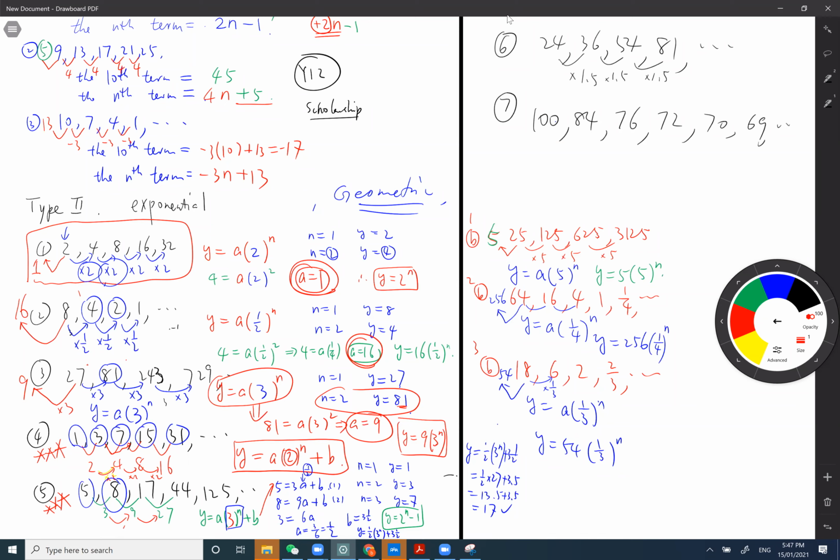We need to form the equation. For these exponential types, we learned two small types. One, just y equals a times something to the n. The other one, a times something to the n, plus b. These two types.